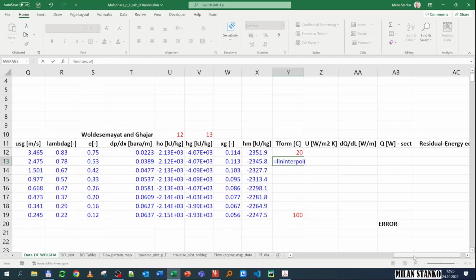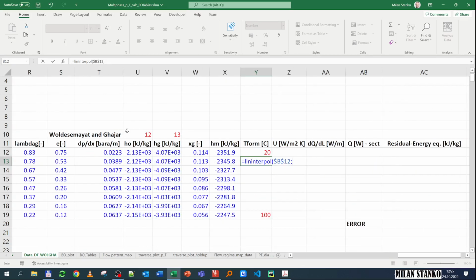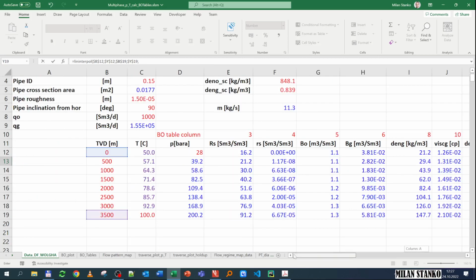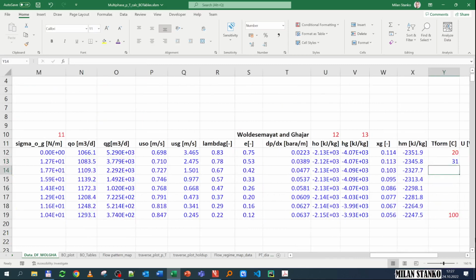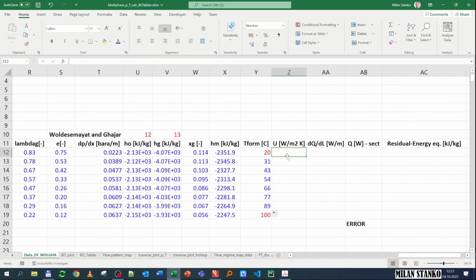So I have the X, that will be this X, I block it, then I have the other extreme, which is the other X, and then this temperature, and then I have the X of that position, which will be here. Then I get 31, and I get 89.